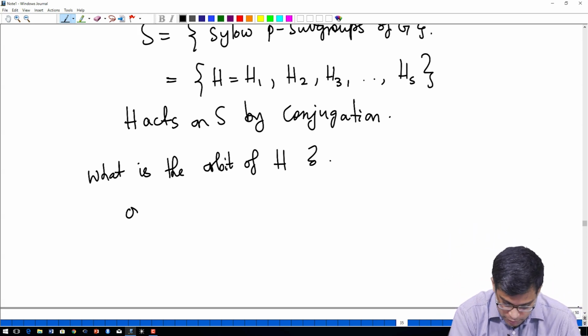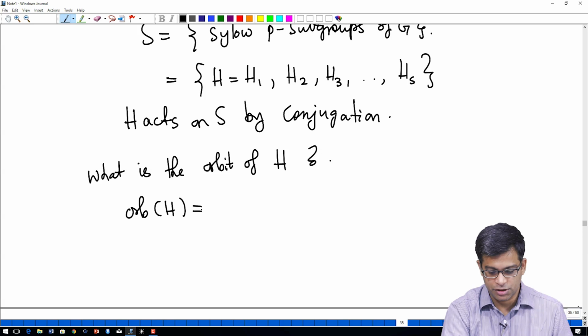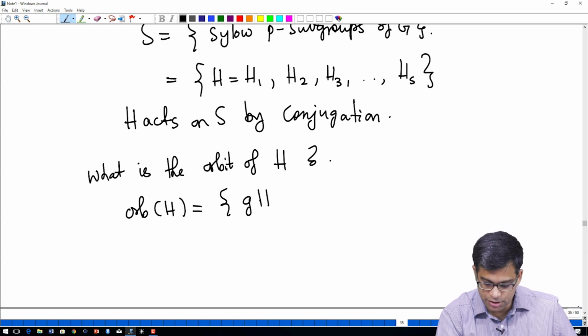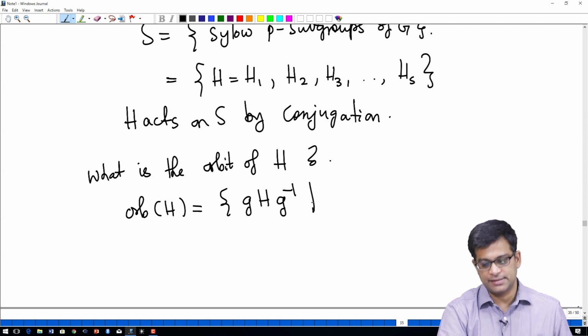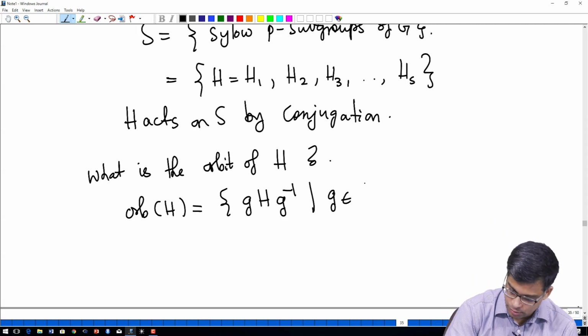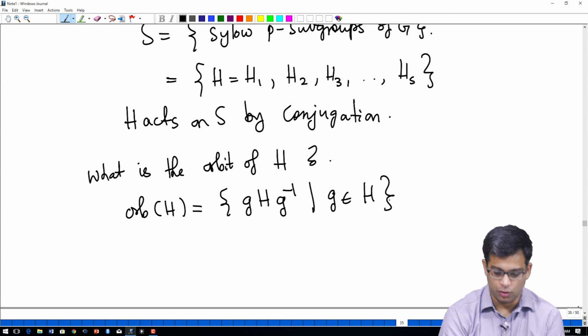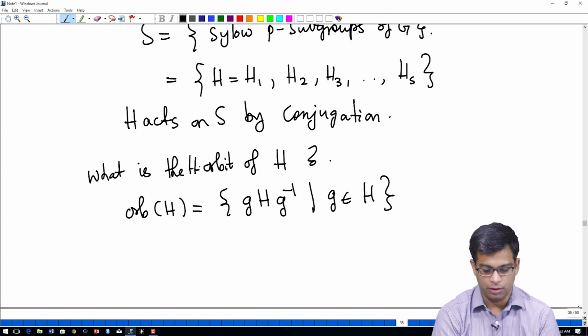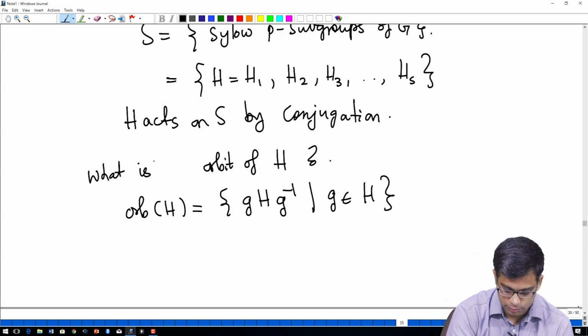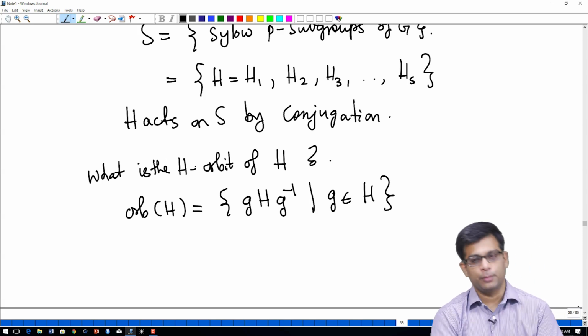So, the orbit of H is all G H G inverse, but now where is G? Maybe I should call it the H orbit of H. Remember, I am no longer interested in the action of G. What happens outside H is of no concern for me.